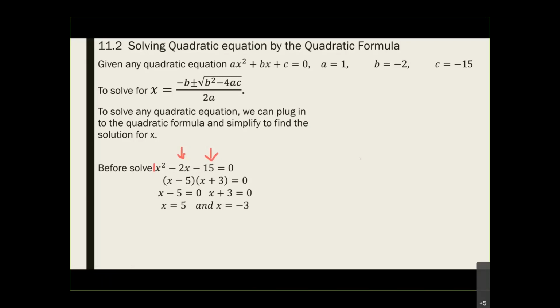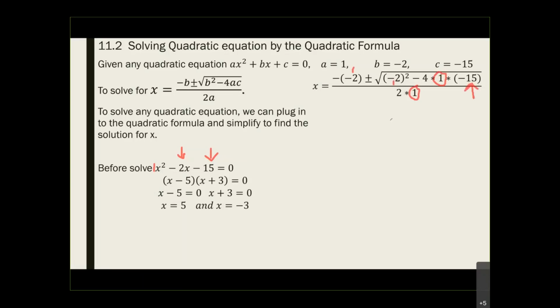Now, if you plug into your equation, wherever your B is, you plug in your B. Wherever I see the B, I plug in the -2. Wherever I see my A, I plug in 1, and wherever I see my C, I plug in -15.